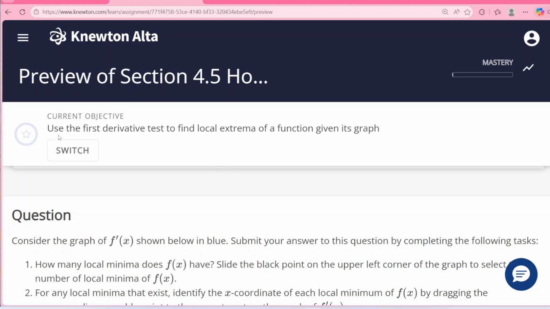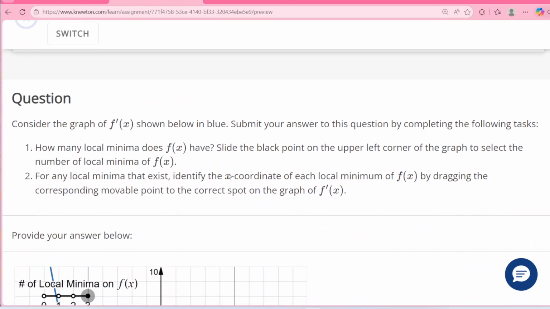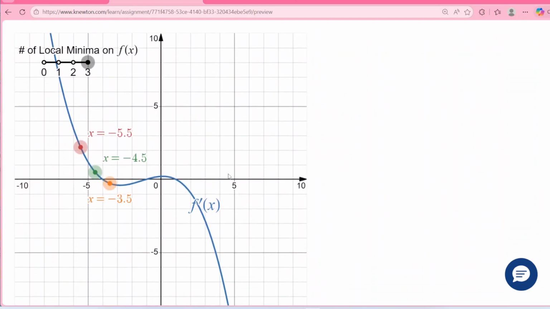All right, so now we're, once again, on another objective in the same area, the first derivative test. Use the first derivative test to find local extrema of a function given its graph. So this is one of those interactive ones, right? I've got to move some points around.